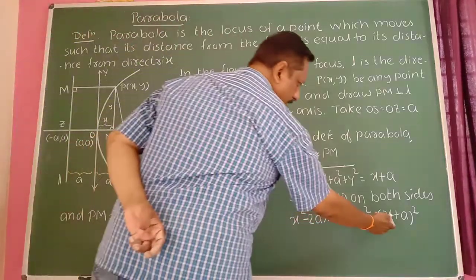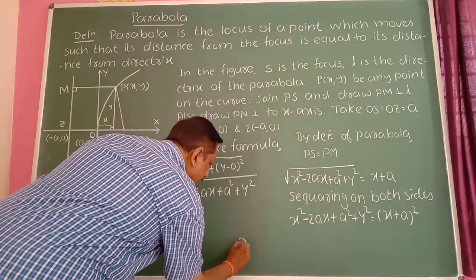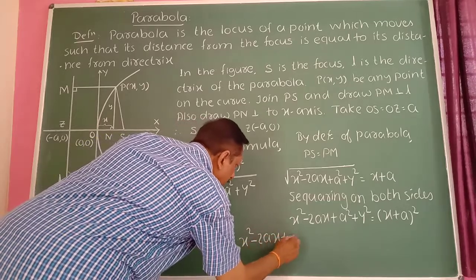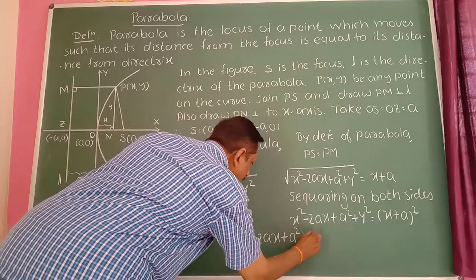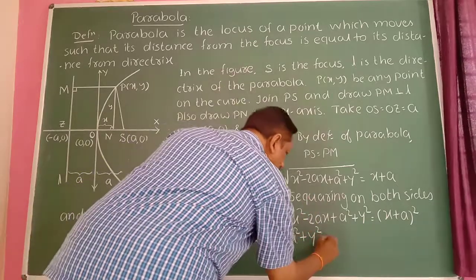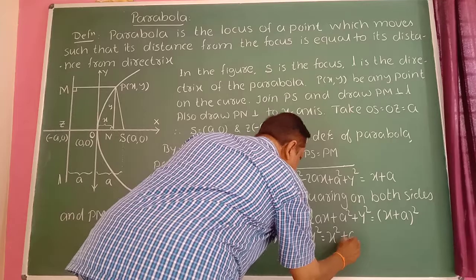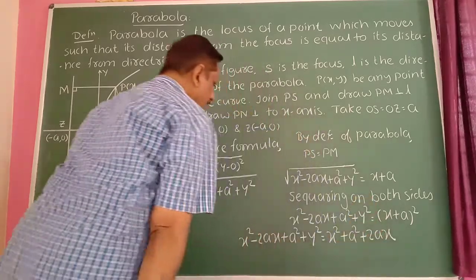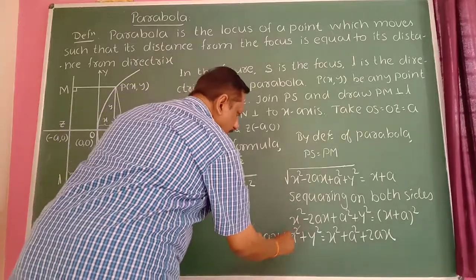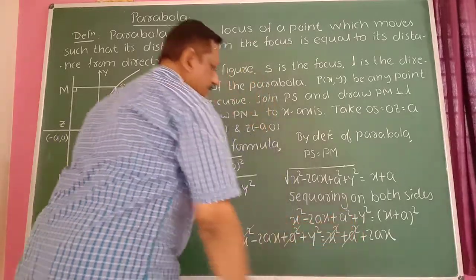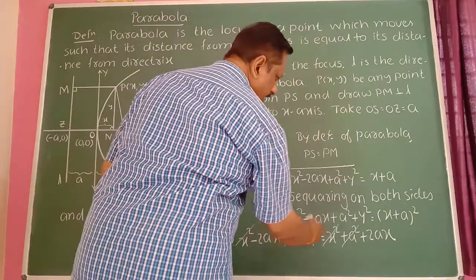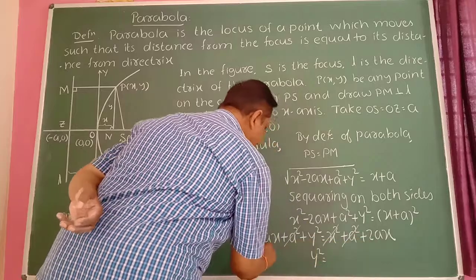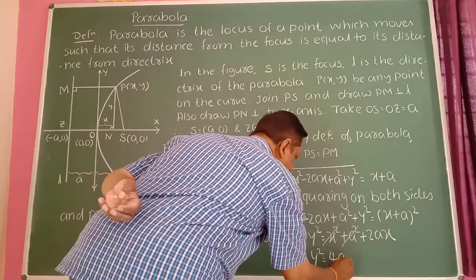Then expand the right side terms: x square minus 2ax plus a square plus y square is equal to x square plus a square plus 2ax. Here x square and a square cancel. Take minus 2ax to the right hand side. So y square is equal to 2ax plus 2ax, which becomes 4ax.